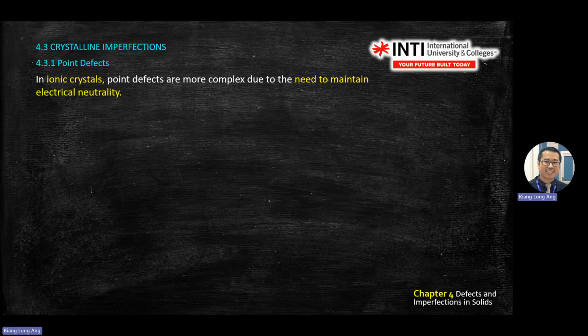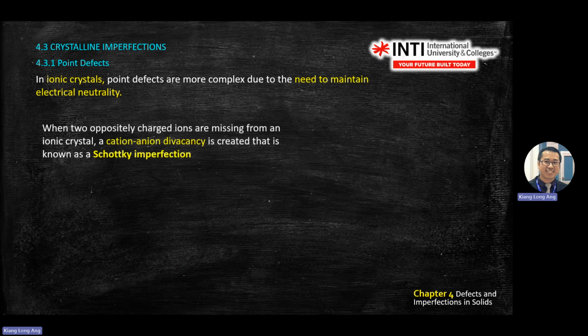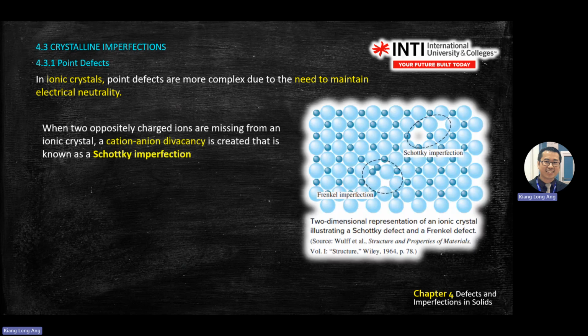All right. For ionic crystal, you need cation and anion, positive charge, negative charge, and this vacancy. When they involve charges, ions, there's a name for it. It's called Schottky imperfection. So they have two.